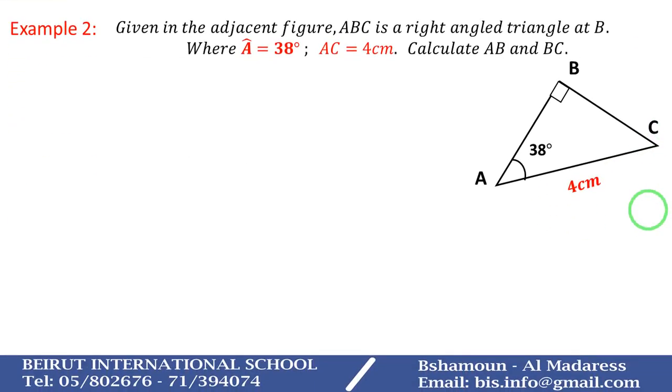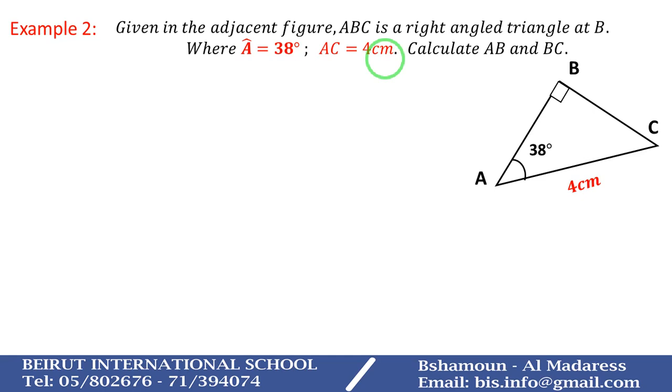Example number 2. Given in the adjacent figure, ABC is a right triangle at B, angle A equals 38 degrees and AC equals 4 centimeters. Calculate AB and BC. In this example, we have a triangle ABC, right-angled at B as given, and as we see here, we have angle A equal to 38 degrees and the length of the hypotenuse, which is 4 centimeters.